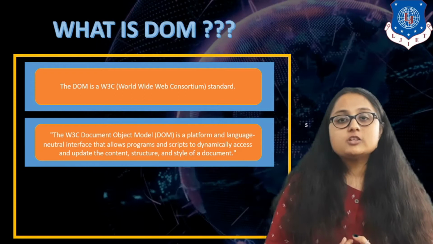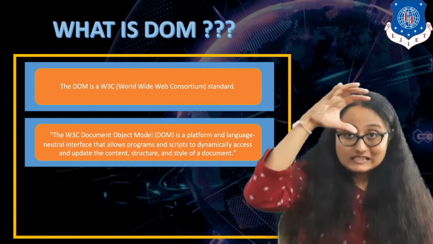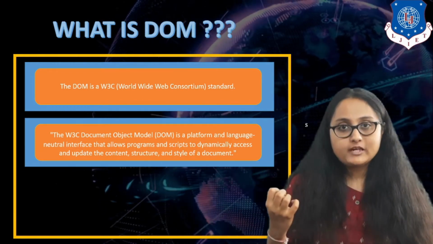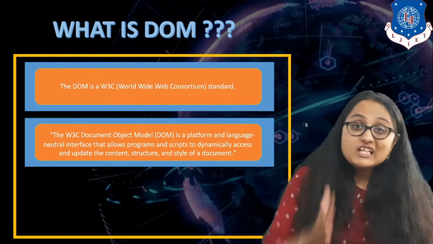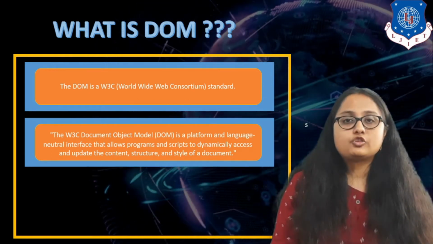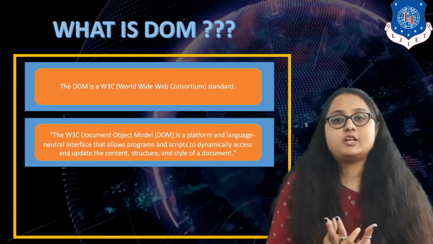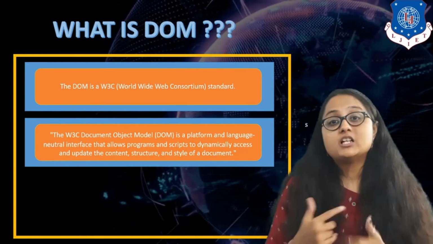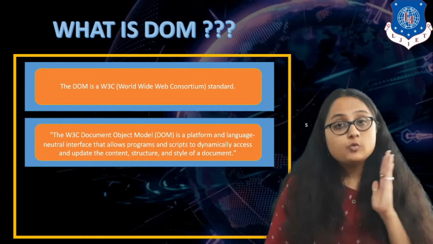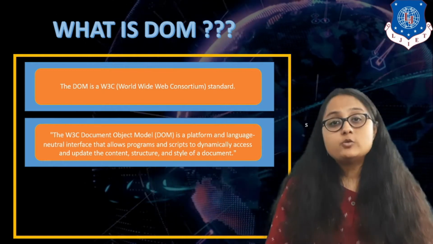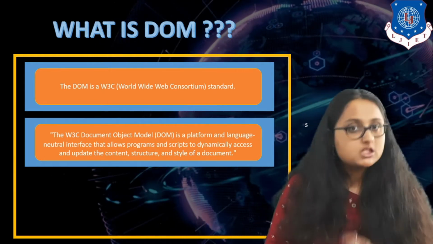Document object modeling allows you to capture the content of your HTML document, change the structure of your HTML document, and change the style of your HTML document dynamically. Till now, if you wanted to change the style, you were writing CSS code. That was static CSS code.